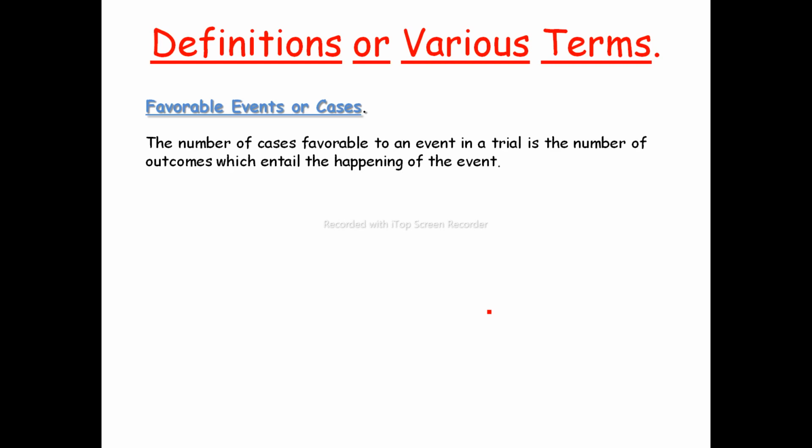The number of cases favorable to an event in a trial is the number of outcomes which entail the happening of the event. So it is the number of outcomes. If S is the outcome, then this will be the event that is likely to occur.